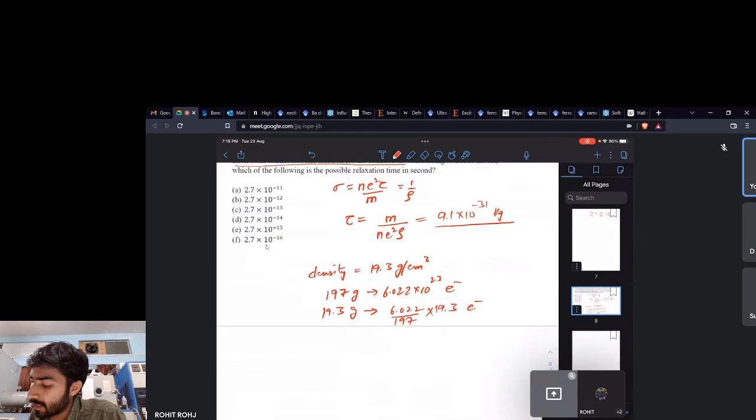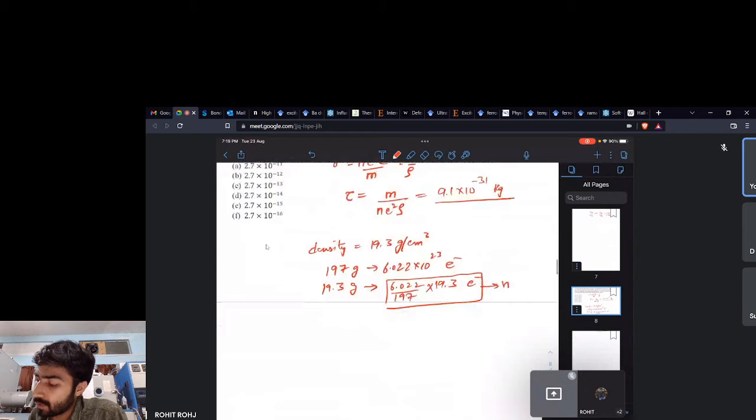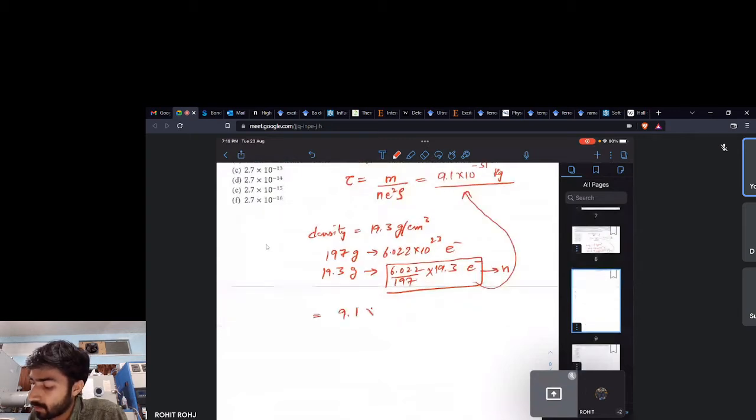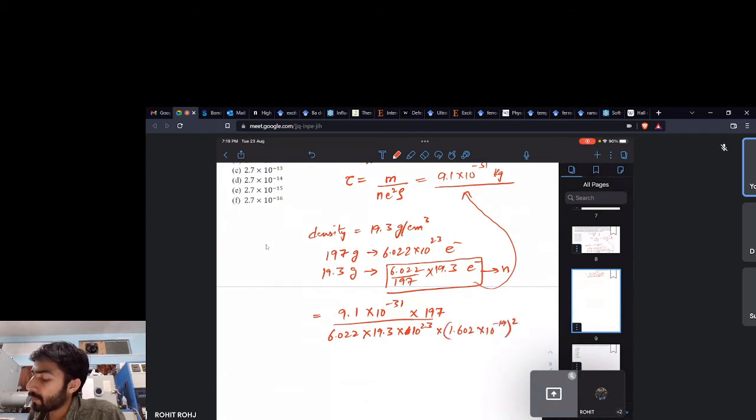This is the number n which we want, and then if we plug in these values here, we get 10 to the minus 31 divided by 6.022 into 19.3 into 10 raised to the power 23, divided by 197. The charge on the electron squared is nothing but 1.602 into 10 to the power minus 19 coulombs squared, multiplied by the resistivity.